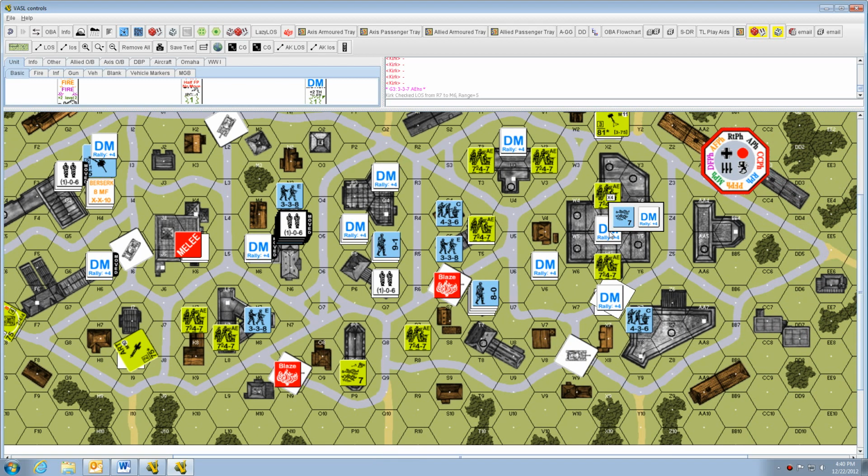Let's look at X4 here. We have another example here that I set up. We have a broken German half squad. There he is surrounded by American squads in X3 and X5. It has nowhere to go whatsoever, so it will surrender.